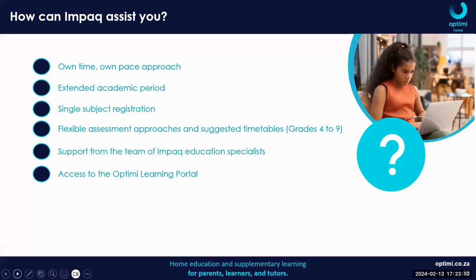I have mentioned the single subjects already. Also the flexible assessment approach. So yes, we do have the suggested timetables, but be aware of where your child is at. If they are not 100% ready to write that test paper, instead of assisting them beyond what the concession and accommodation makes room for, have them complete it on their own, but have them complete it a little later.